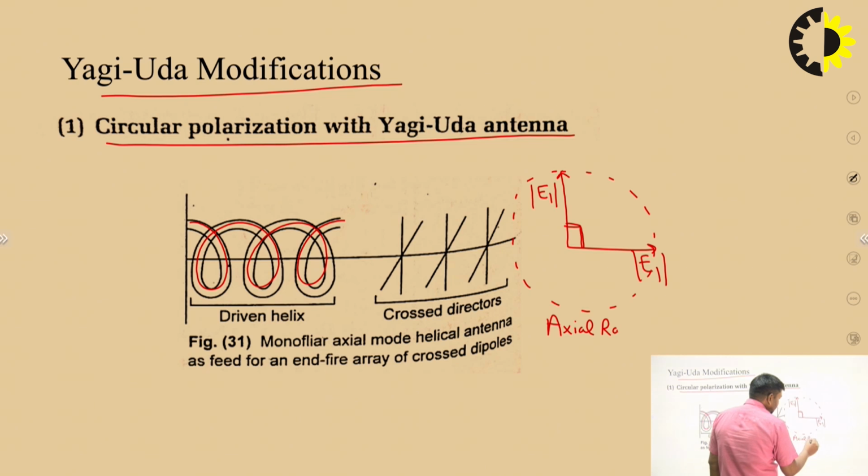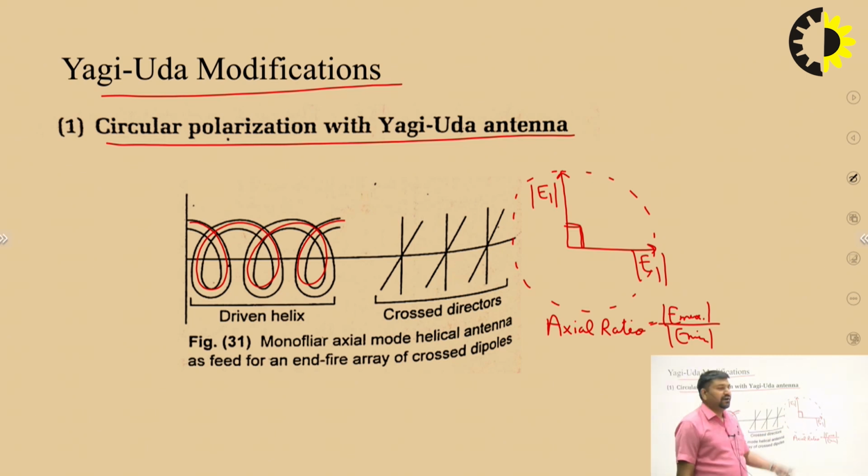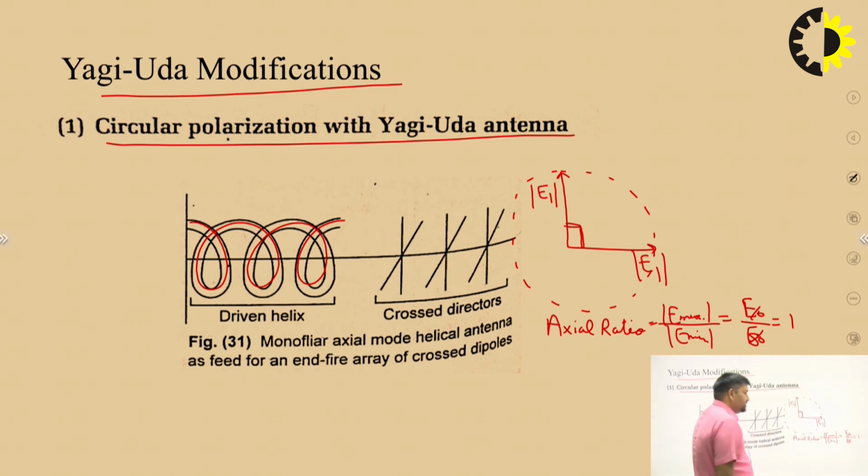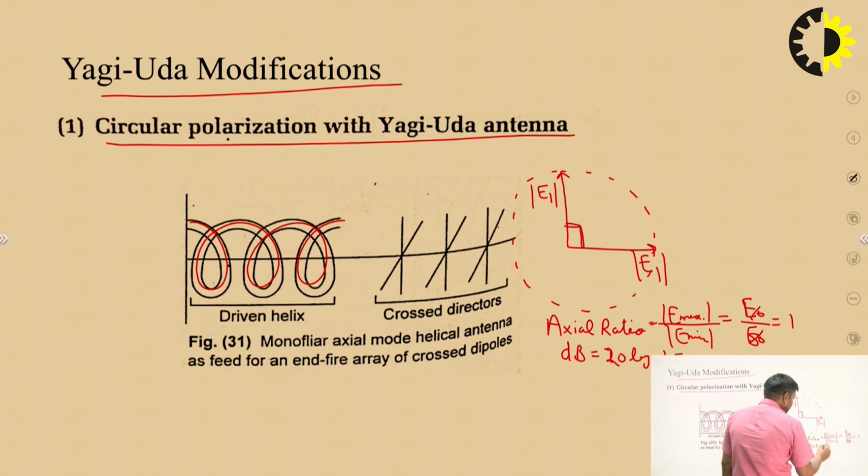Axial ratio is the ratio of the maximum electric field magnitude to the minimum electric field magnitude. In this case, if E1 and E2 are two vectors perpendicular to each other with equal amplitude, E max is equal to E min, so this is E naught upon E naught, which is 1. That means the axial ratio of a circularly polarized antenna is 1, and in dB, 20 log base 10 of 1, log 1 is 0.